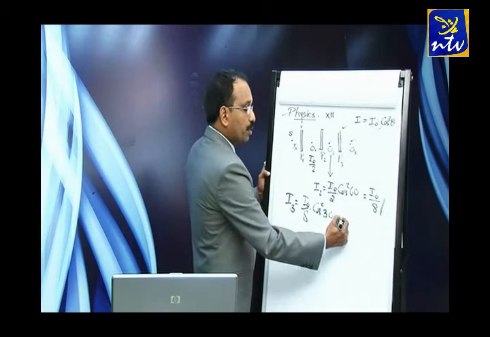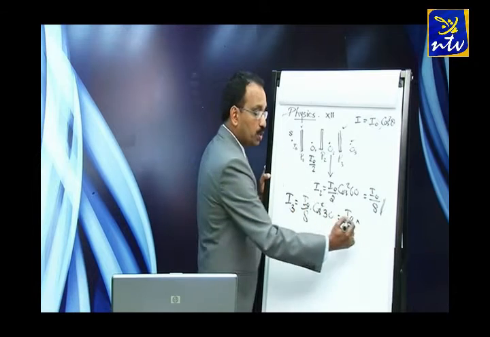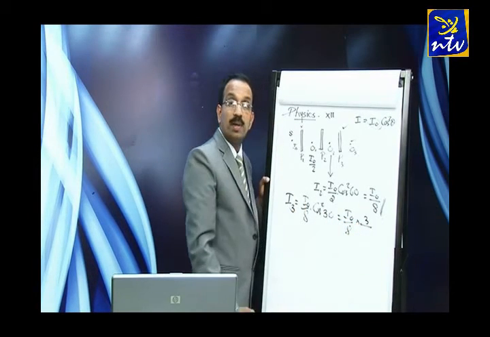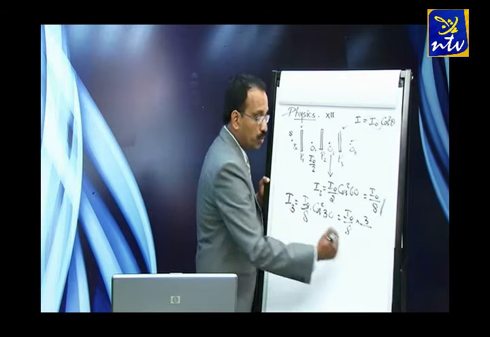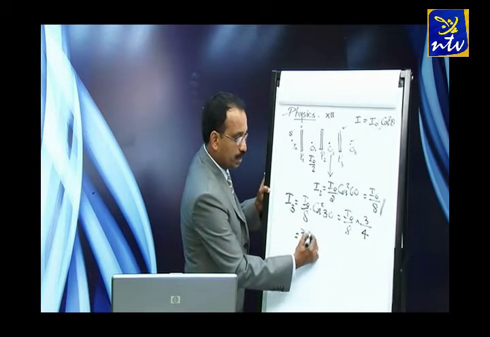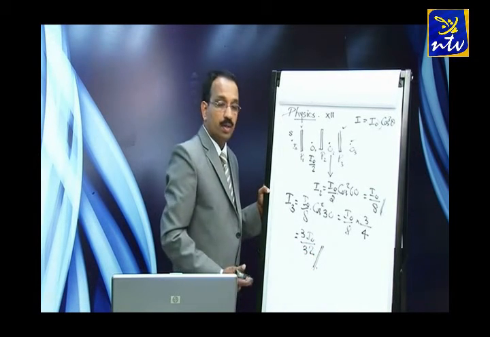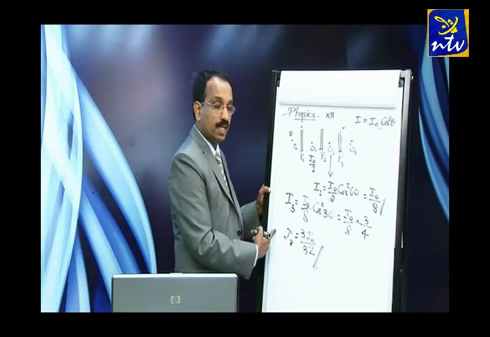So cos squared 30 is root 3 squared, that is 3, over 2 squared, that is 4. So I0 by 8 multiplied by 3 by 4. What's the answer to this? 3 I0 by 32. All of you have seen this answer.